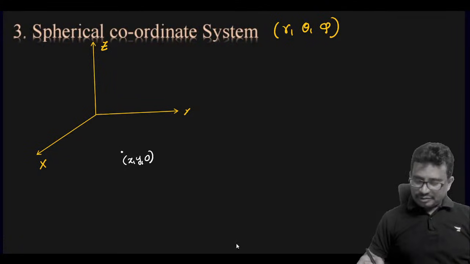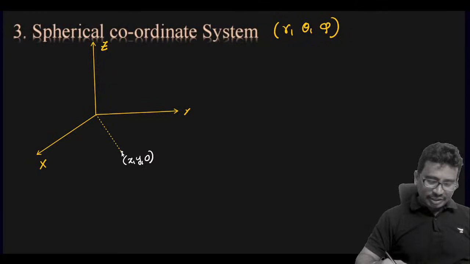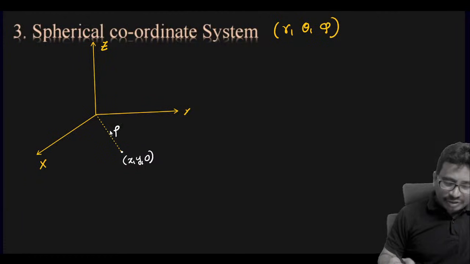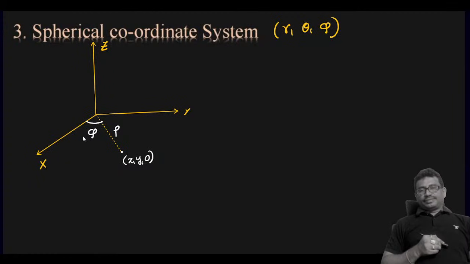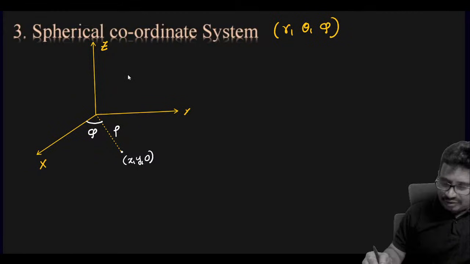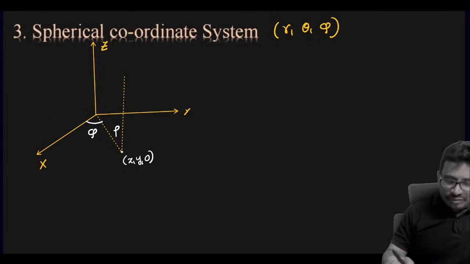This distance is rho, and this angle is phi, same as the cylindrical system. Now I am projecting this point to a certain height. I am drawing the projection of this point somewhere here. The coordinates are x, y, z, some height we have taken.